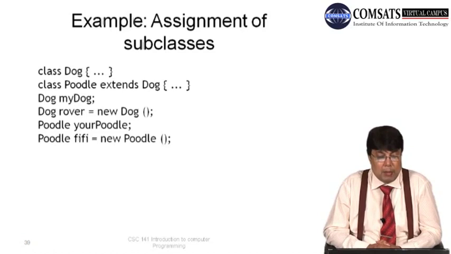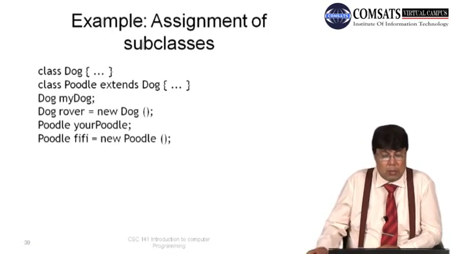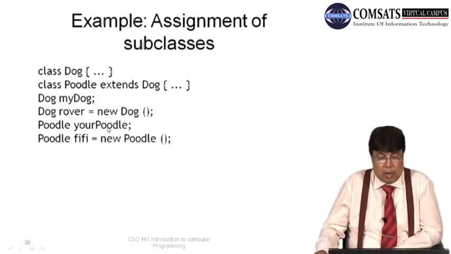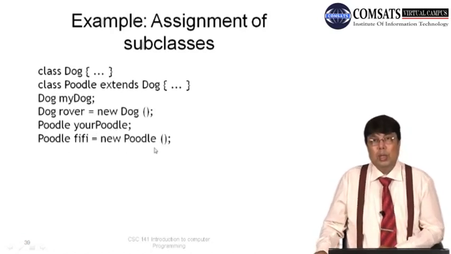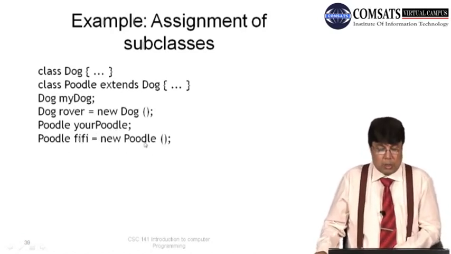So then you define a variable dog, my dog. Then you can define dog rover is equal to new dog. So you have created an object dog. Then you have defined poodle as an object, your poodle, this is a variable. And then we can say that poodle Fifi is equal to new poodle. Means you have defined an object poodle.